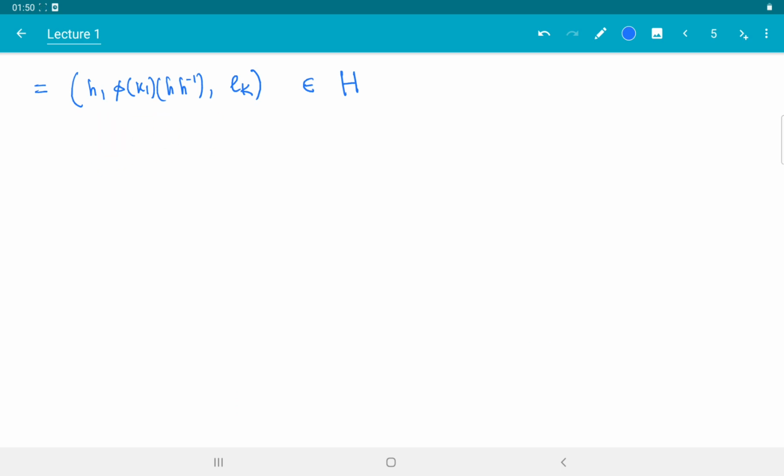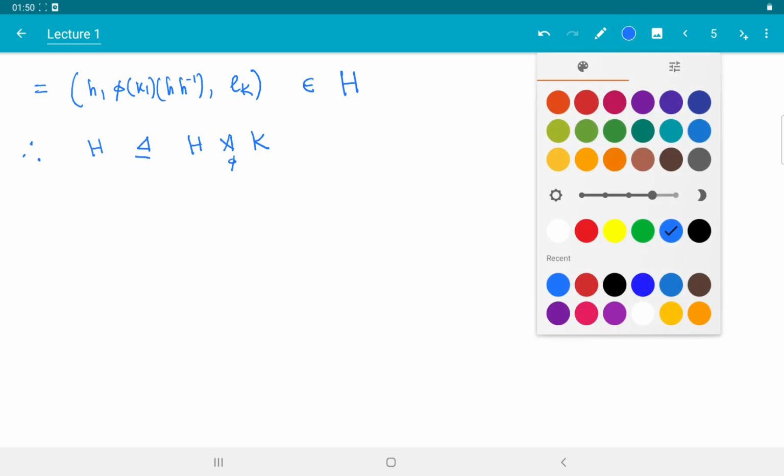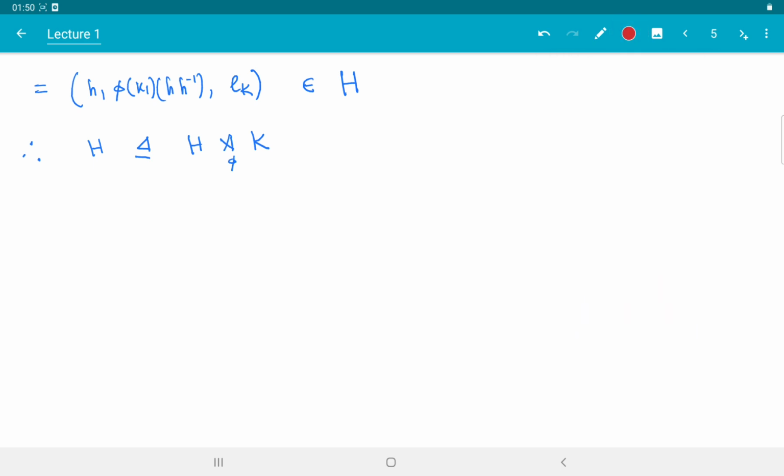So, remember, it belongs to H. Therefore H is normal in H semi-direct product K. And the next property is that K is normal, so what is that?